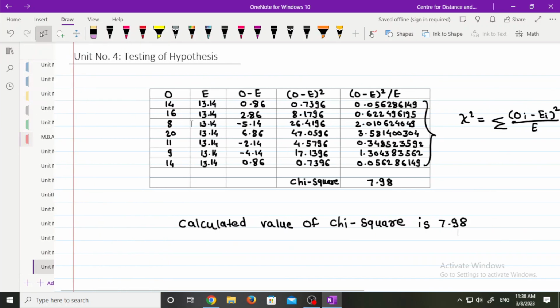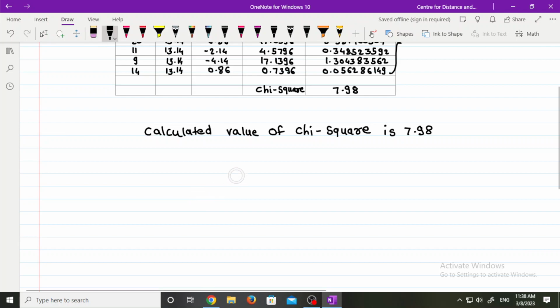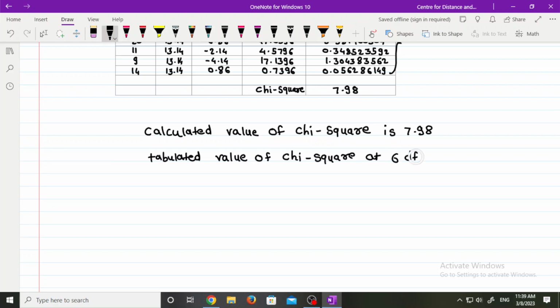That is the given tabulated value of chi square at 6 degrees of freedom and 5% level of significance, that is 0.05, is equal to 12.59.